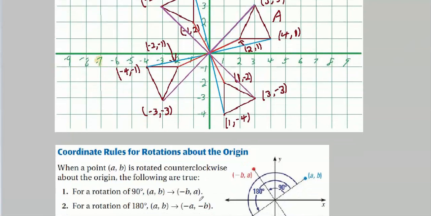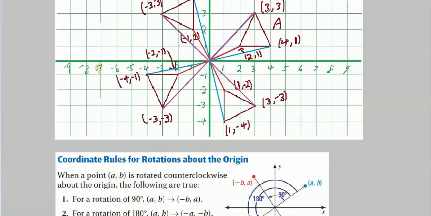We just take the negative of each one. So our coordinates become negative A, negative B, and that's what we have here. Like this is minus 3, minus 3, and that was 3, 3 here, minus 3, minus 3, 2, 1, minus 2, minus 1. That's pretty easy.